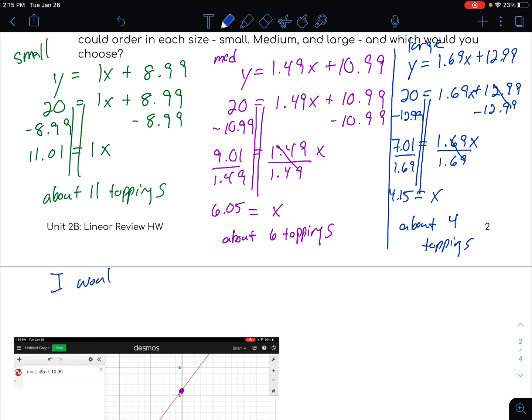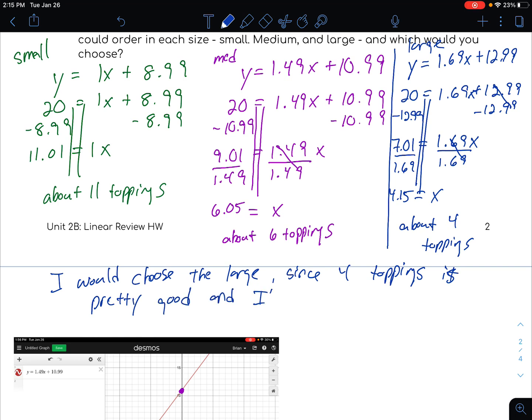So I would choose the large, since 4 toppings is pretty good, and I'd have leftovers with my $20. So that's what I would say.